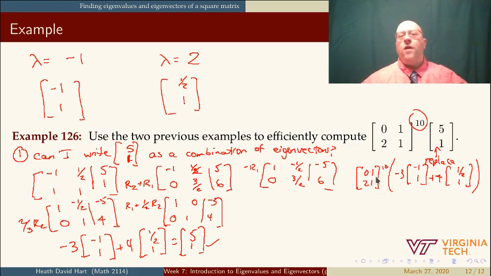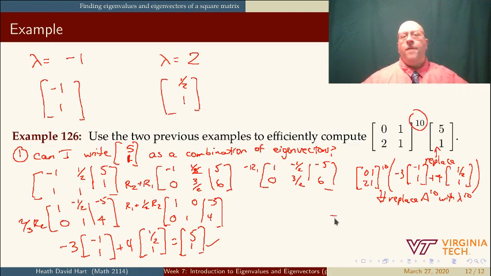But I know what happens when I multiply this matrix by negative 1, 1. It scales by a factor of negative 1. And so in the next step, I'm going to replace this matrix to a power with the eigenvalue to a power.